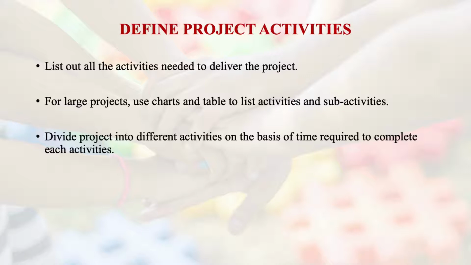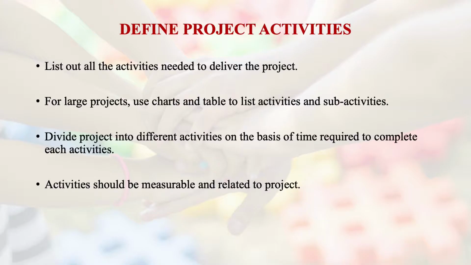Then divide the project into different activities on the basis of time required to complete each activity. So you are basically dividing the time among the various activities. And finally, activities should be measurable and related to the project. Now, why measurable?